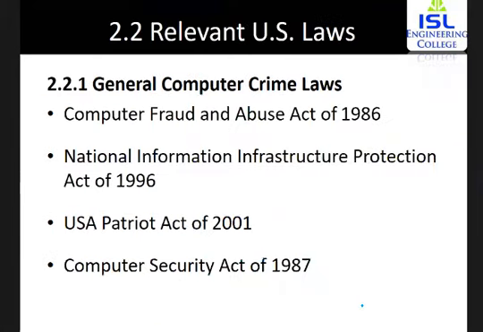Coming on to the second topic, the relevant US laws. Within the relevant US laws, you're going to study the first law, that is the General Computer Crime Laws. The Computer Fraud and Abuse Act was originally enacted in 1986. This law was a cornerstone for many computer related federal laws.